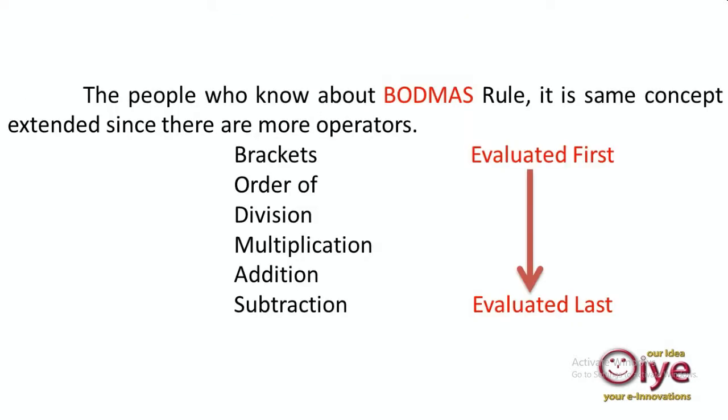The people who know the BODMAS rule, it is the same concept extended, but there are more operators in Java. As you know, BODMAS: brackets first, then division, multiplication, addition, subtraction. The same concept is followed here.